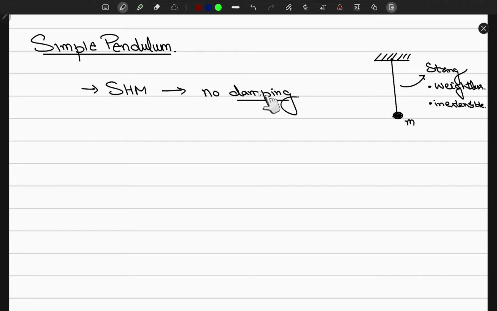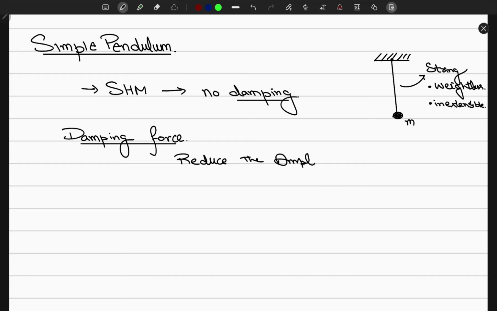Or what we can do is we can just start off by discussing the damping, right? So damping, you can think of it as a force. Its aim or its goal is to reduce the amplitude of your motion, or your oscillation of the simple pendulum, and it will reduce this amplitude continuously, right?